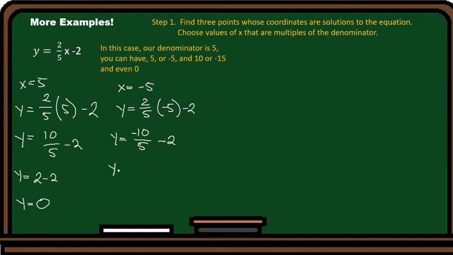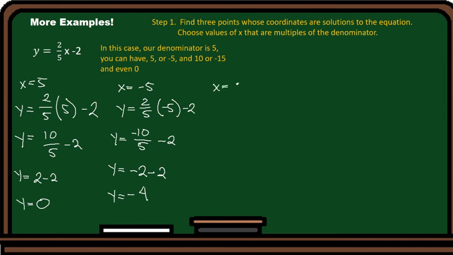So y equals negative 10 divided by 5, that is negative 2 minus 2. y equals like signs, so you add, that is 4, and copy their sign, which is negative, so we have negative 4.